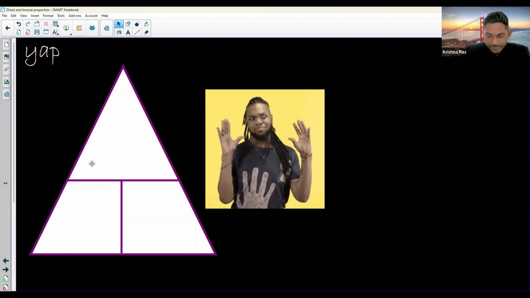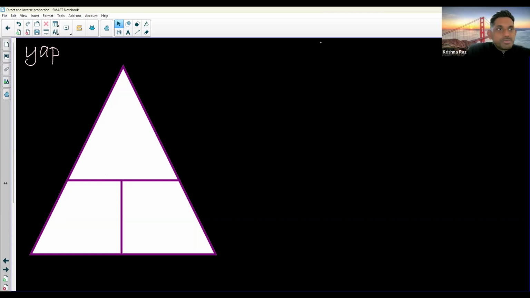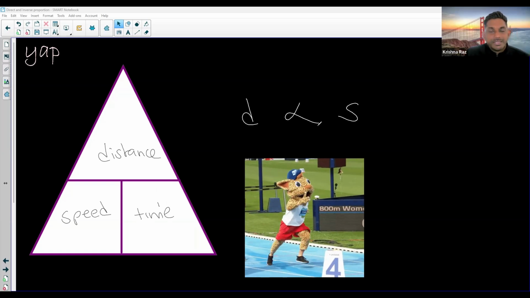So firstly, let's just look at what is proportion. Hopefully you all know the relationship between distance, speed, and time, which is distance equals speed times time. So if we compare two of the variables, we know that distance is proportional to speed.